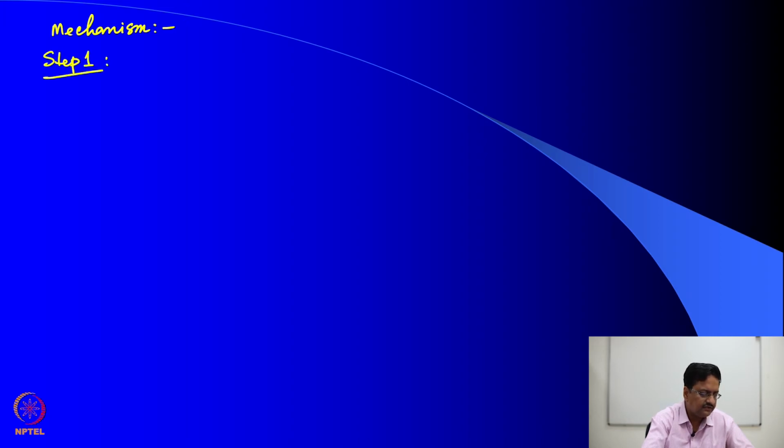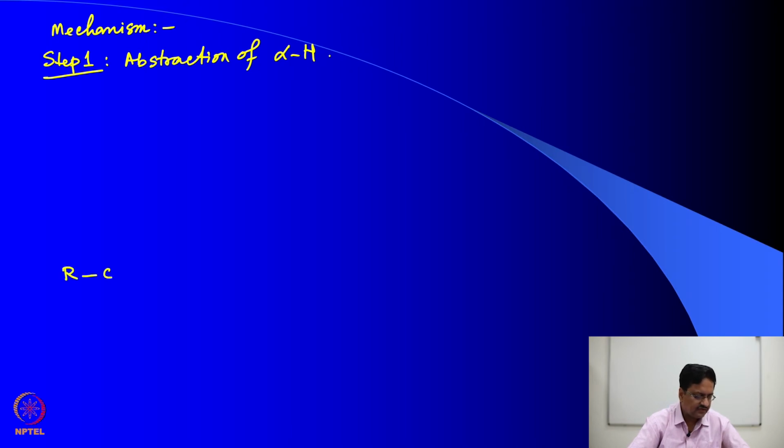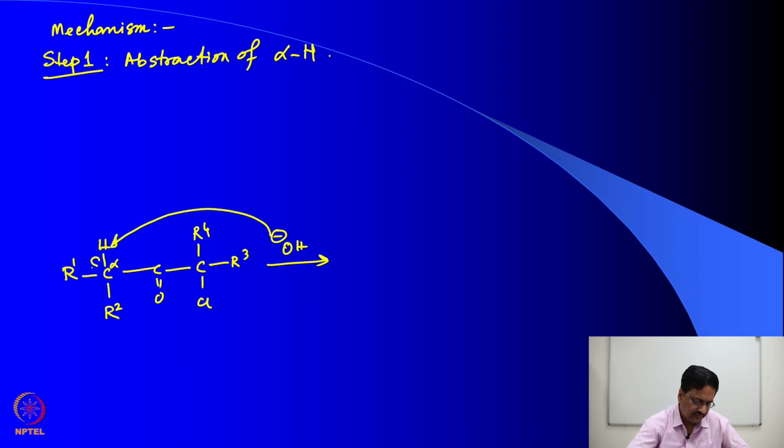Step 1 is abstraction of alpha hydrogen. So, when we have the R1 R2 CH, let us number it as 1, 2, then C double bond O, C R3 R4 Cl, this proton which is the alpha proton on the alpha carbon is removed by the base.